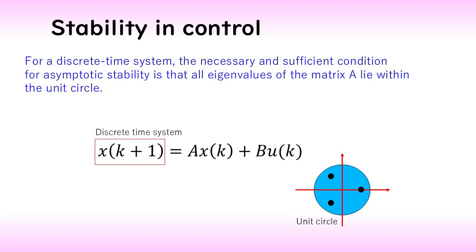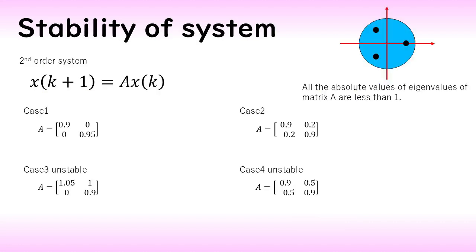For discrete time system, the necessary and sufficient condition for asymptotic stability is that all eigenvalues are within the unit circle. As an example, second order system is considered.